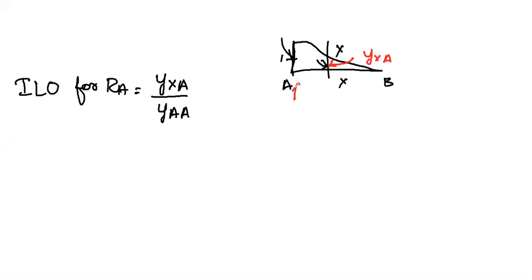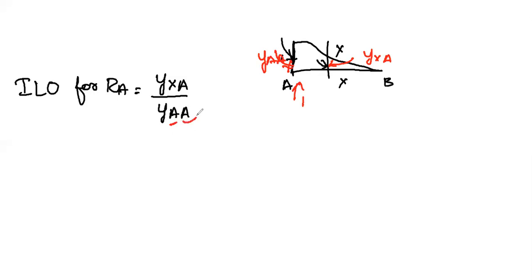I am applying this unit load at the point A. Due to the application of unit load at the point A, there will be some deflection at the point X. That is called YXA. Due to the same unit load applied at the point A, there will be some other deflection at the point A itself. That is called YAA.